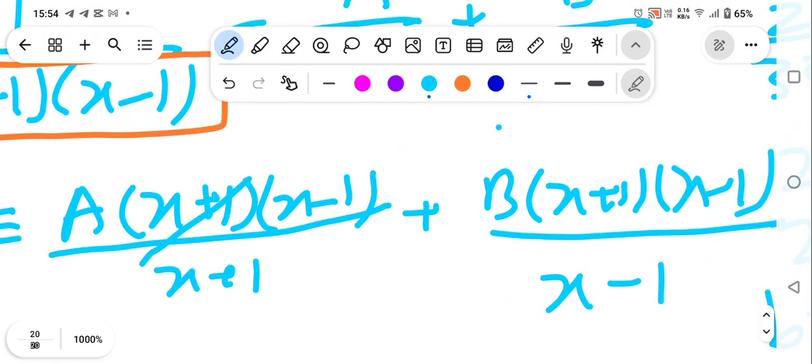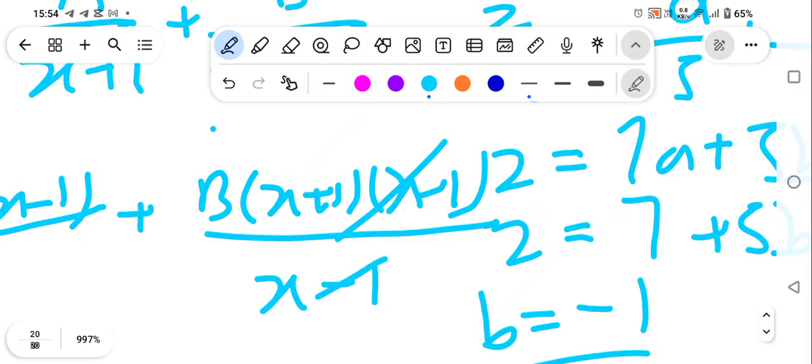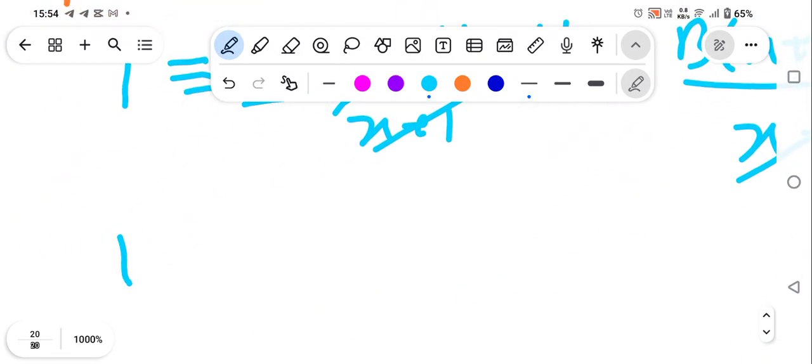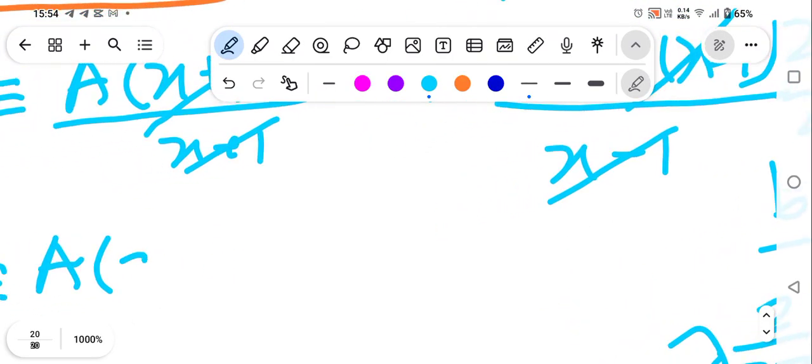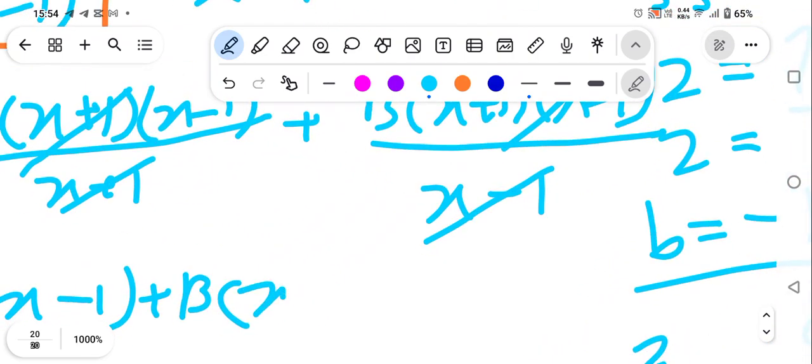So we know that this term and this one cancel out, and this term and this one cancel out. So therefore 1 will be equal to a times x minus 1 plus b times x plus 1.